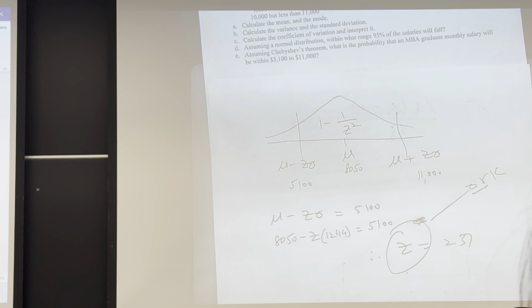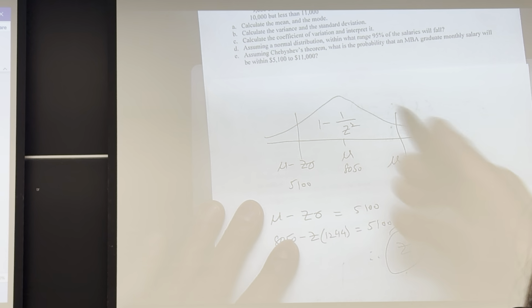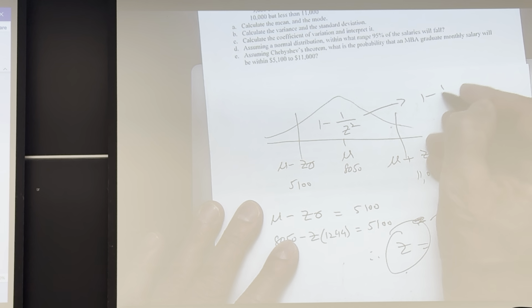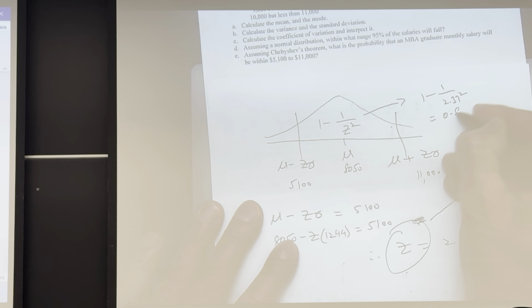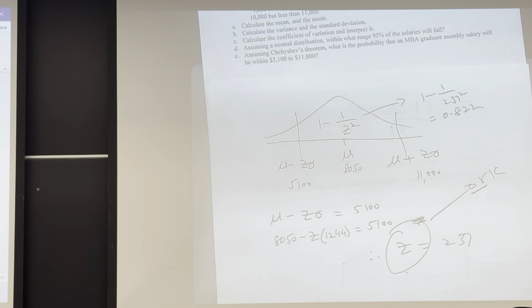the mean monthly salary, is going to be between 5,100 and 11,000. There is 82.20% probability that the mean monthly salary is going to be between 5,100 and 11,000.